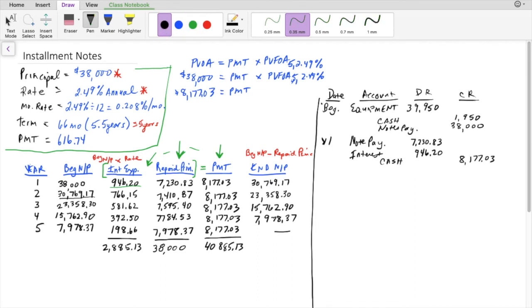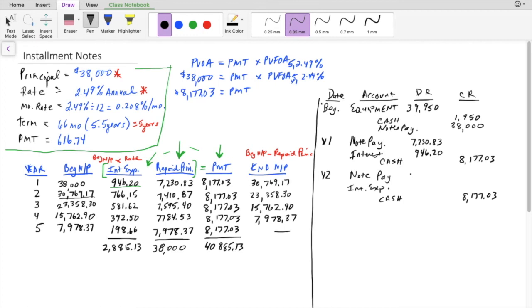In year 2, I'm going to do the same journal entry. Note payable is going to come down, interest expense is going to get recorded, and cash is going to be credited. The numbers are simply going to change. My cash payment is still the same, $8,177.03.